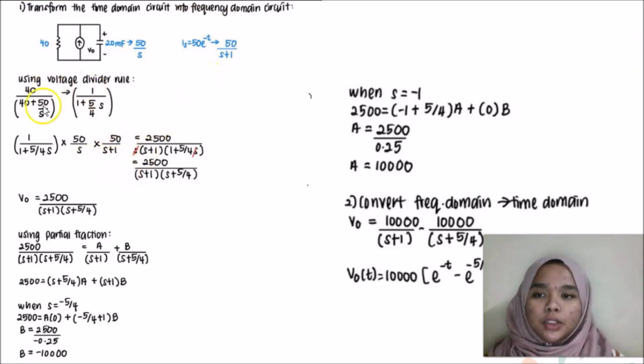After we did the usual voltage divider rule and partial fraction, we obtain different values of A and B. For A, when S equals negative 1, it is 10,000. When S equals negative 5 over 4, B equals negative 10,000. So the final answer for the voltage across the capacitor in the time domain is 10,000 (e to the power of negative t minus e to the power of negative 5 over 4 t) u(t) volts.